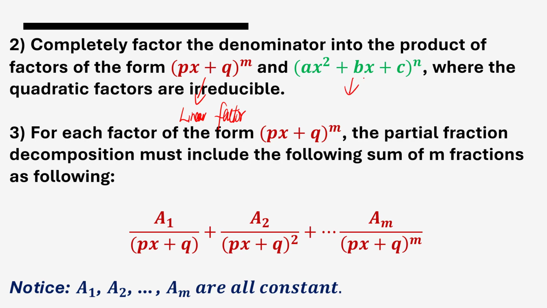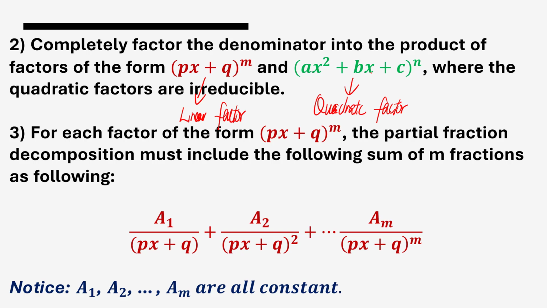And ax squared plus bx plus c, that's a quadratic factor because it's a quadratic term. And you are only allowed to have two types of factors, linear factors or quadratic factors. Also, a quadratic factor must be irreducible, meaning you cannot factor that anymore, right? So this is a complete factorization.